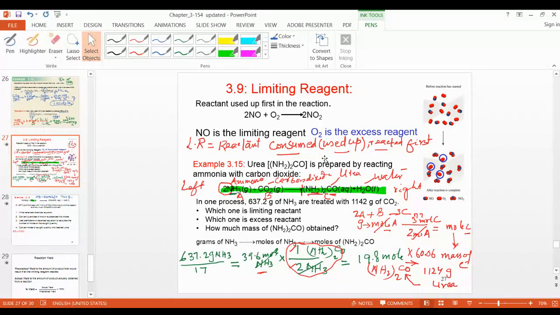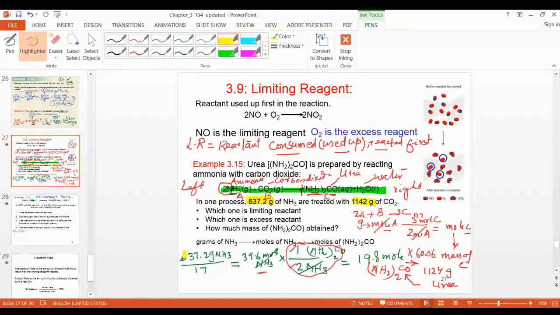Carbon dioxide is given here as 1142. This is the carbon dioxide, and this is mass of ammonia.